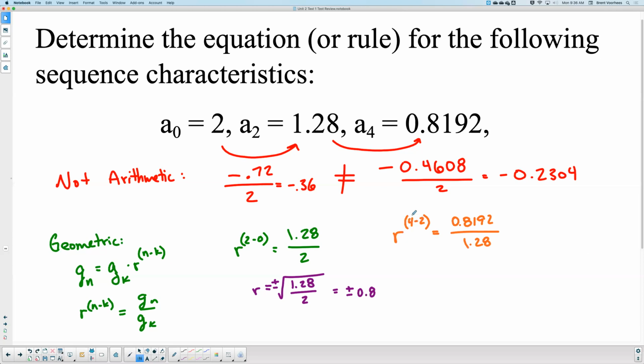What is power of 4 minus 2? 2. So how do you get rid of a squared? That's r squared. You root it. So it'll be plus or minus the root of 0.8192 divided by 1.28. Type that in your calculator, see what you get. Again, don't type in the plus or minus, just type in the rest, see what you get.